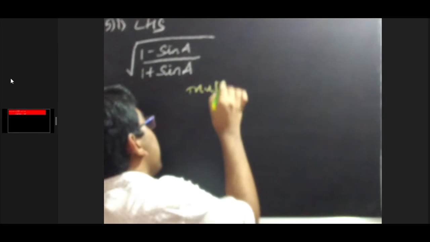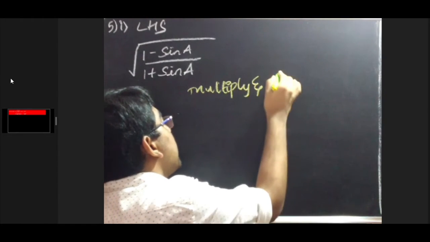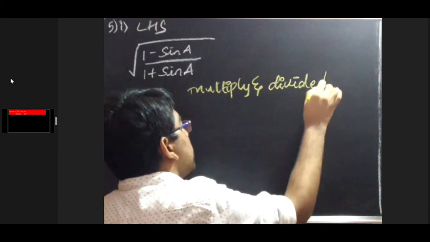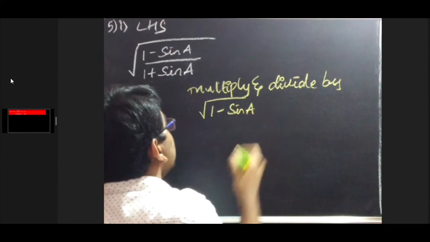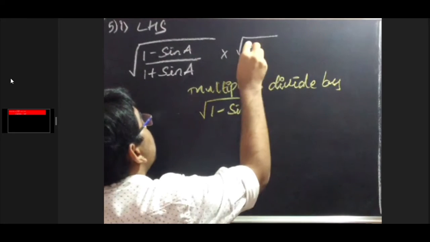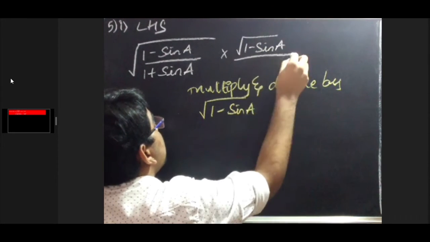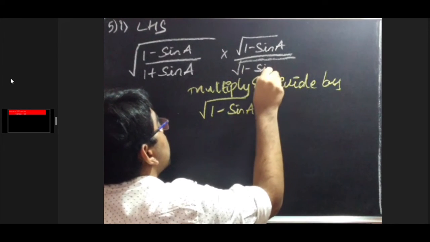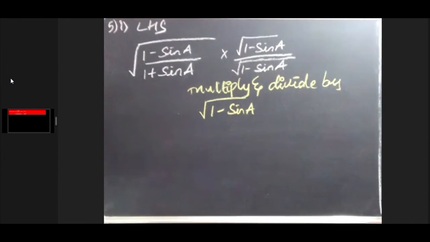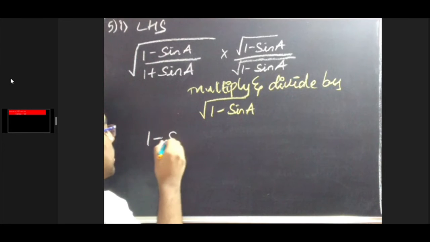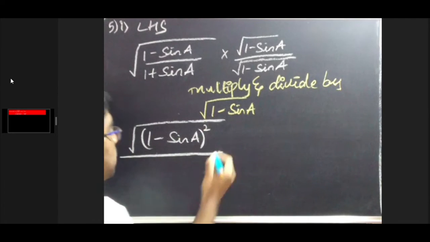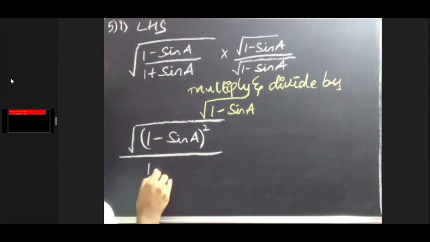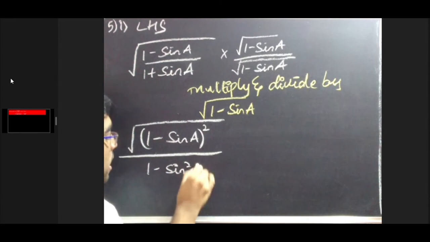Multiply and divide by root of 1 minus sine A into root of 1 minus sine A divided by root of 1 minus sine A. Here on the numerator, it is 1 minus sine A whole square, the whole root, divided by 1 minus sine square A root.